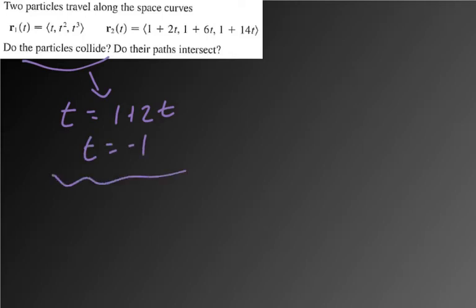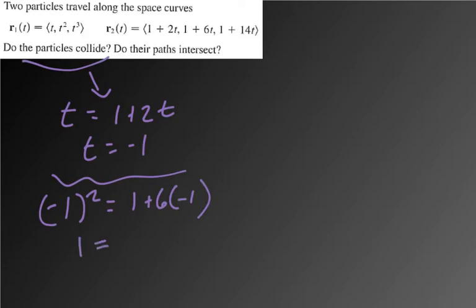I can show this part really quick, and then in a future video I'll show the other one. Do the particles collide? Well, you would need t in the first one to equal 1 plus 2t, and that would mean t equals -1. But then if you sub into the y equations, -1 squared would have to equal 1 plus 6 times -1.